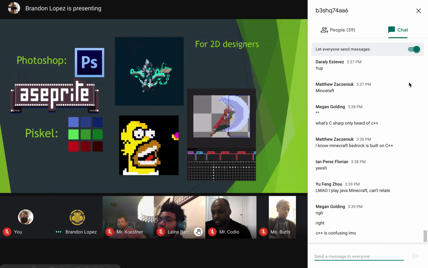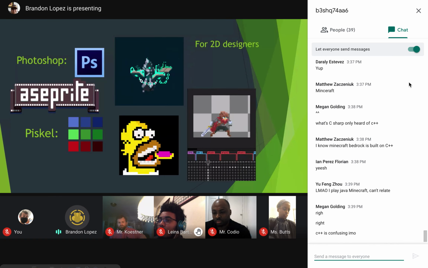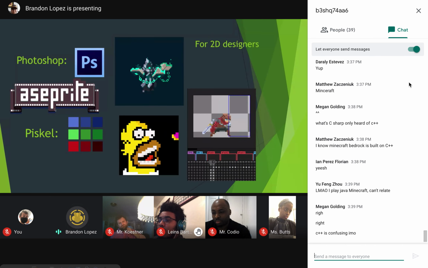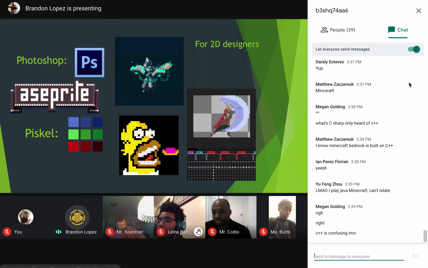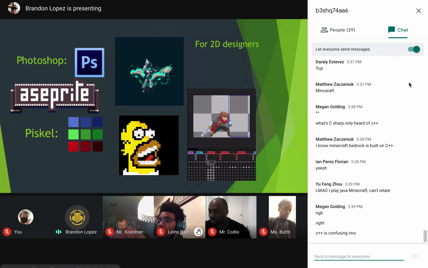I used Aseprite in a project. It really helped a lot. And Pyxel, I didn't use it, but I know that some of my peers used it, and they made some really useful stuff as well. Photoshop is for something that's a little more complex than 8-bit. You can make a little more complex things with it. But generally, when you're working in 2D, it'll be 8-bit or something along those lines.